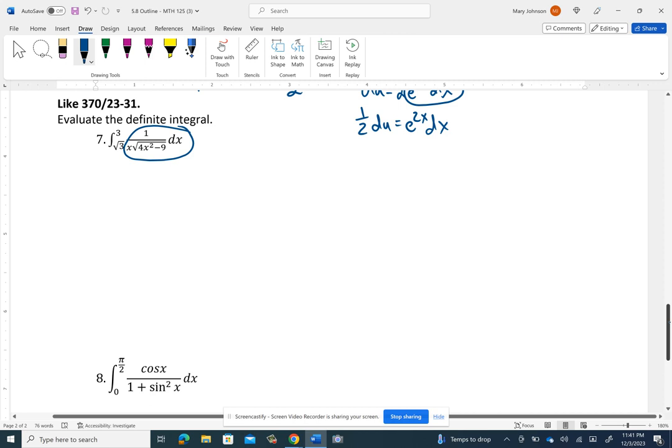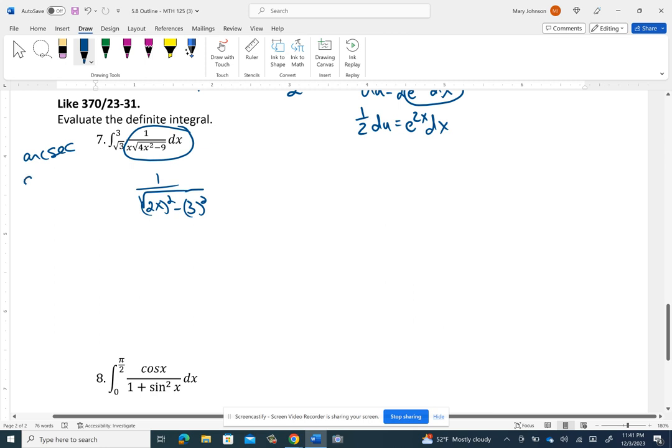So I kind of like what I see in a way. I'm trying to get it to look like one of these, and I'm pretty sure it's going to be an arcsecant because I see a radical, and then there's also that x out in front of it. So I'm thinking about it as the square root of 2x squared minus 3 squared. And I think by now you can do that without a lot of effort.